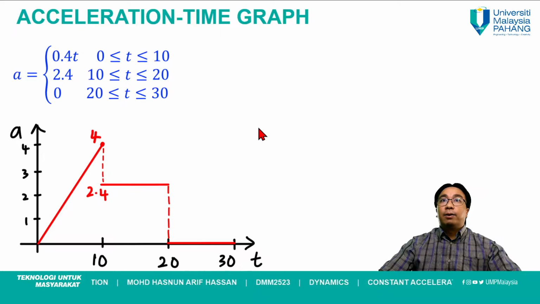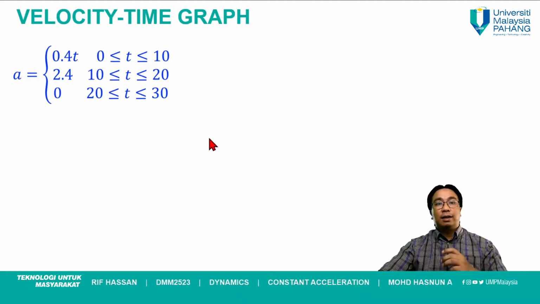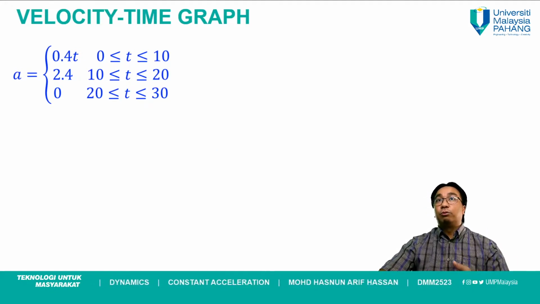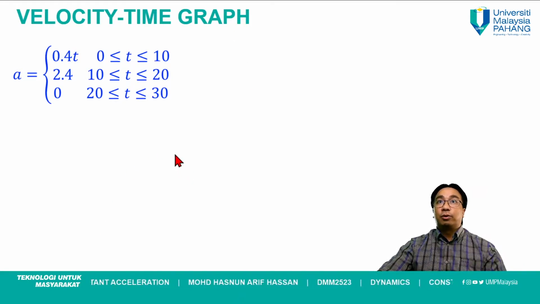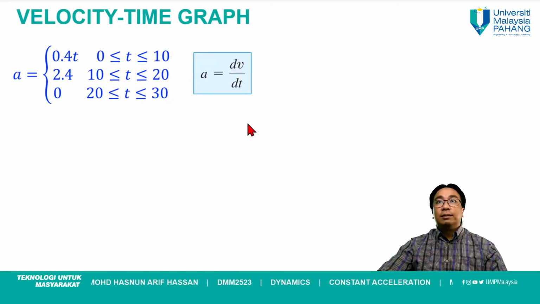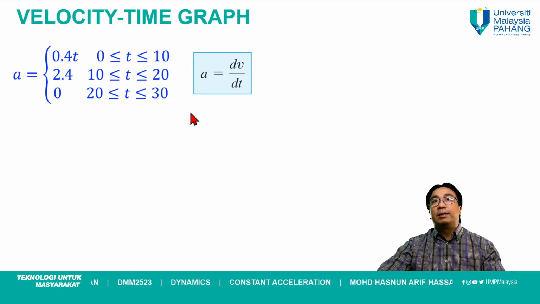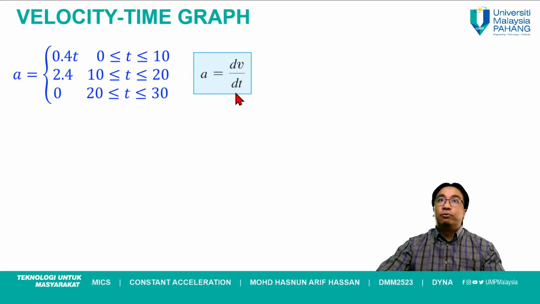Okay. Now, let's go to the velocity time graph. Tadi kita dah draw acceleration lawan time. Now, we would like to draw velocity versus time graph. So, how do you draw this? Now we go back to the equation yang kita ada sebelum ni lah, which is the basic kinematic equation. We know that A is equal to dv over dt.